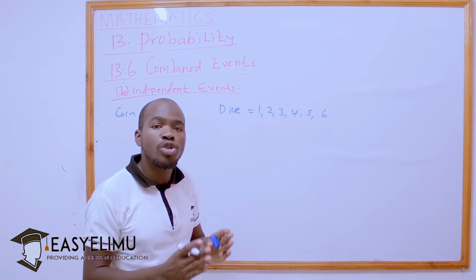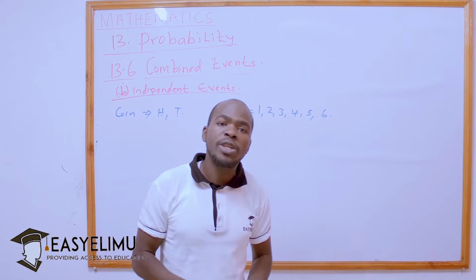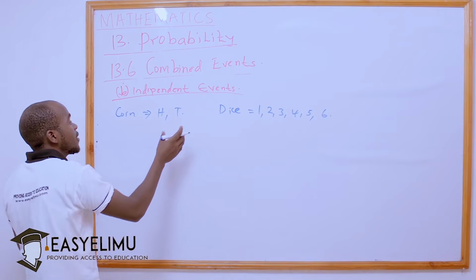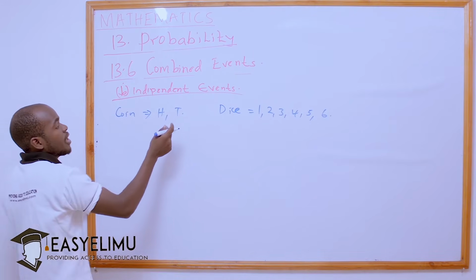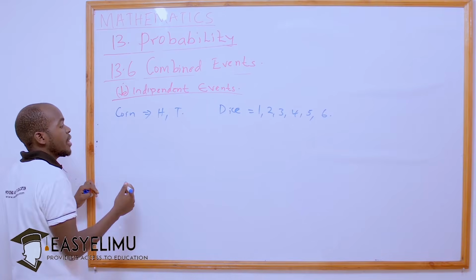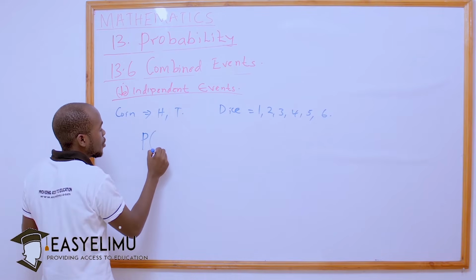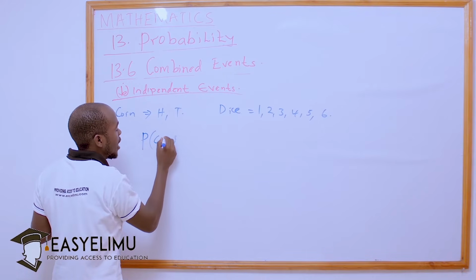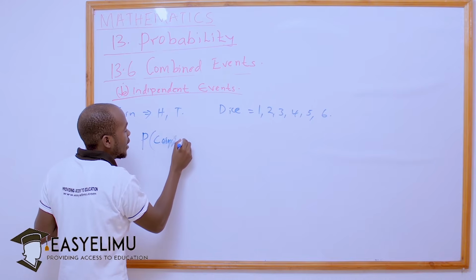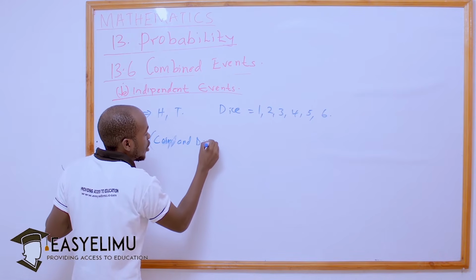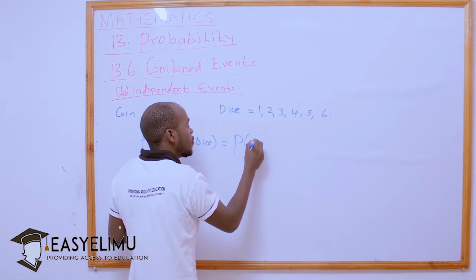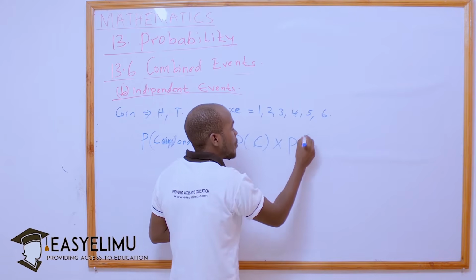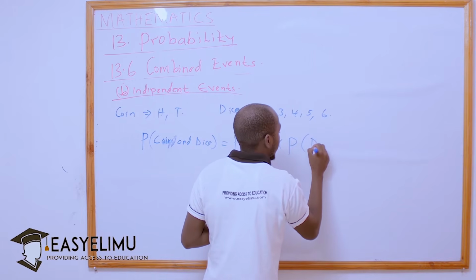So the probability of the two occurring together will be obtained by taking the product of the individual occurrences. For example, the probability of a coin and a dice occurring together is the probability of that coin multiplied by the probability of a dice occurring.